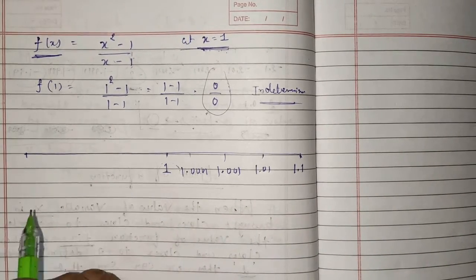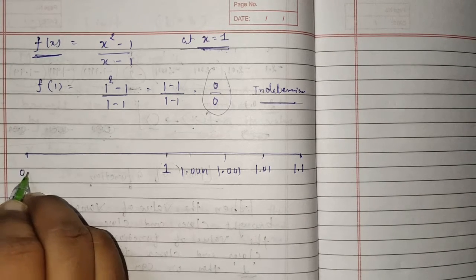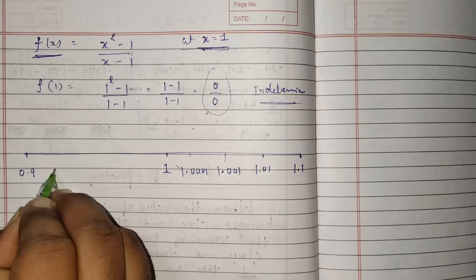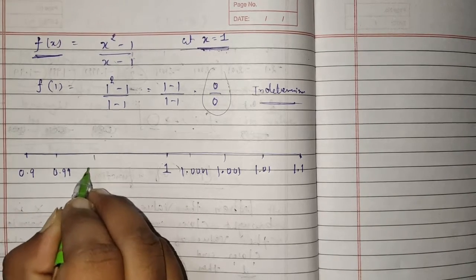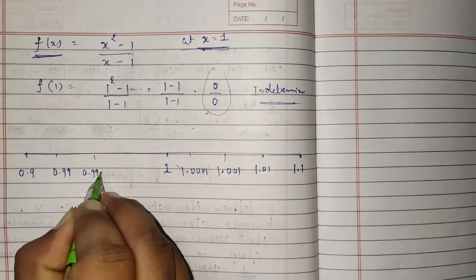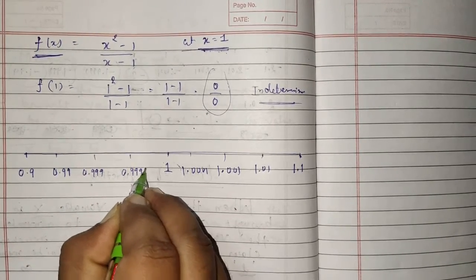And now on the left hand side, we can get the value at 0.9, then 0.99, 0.999.